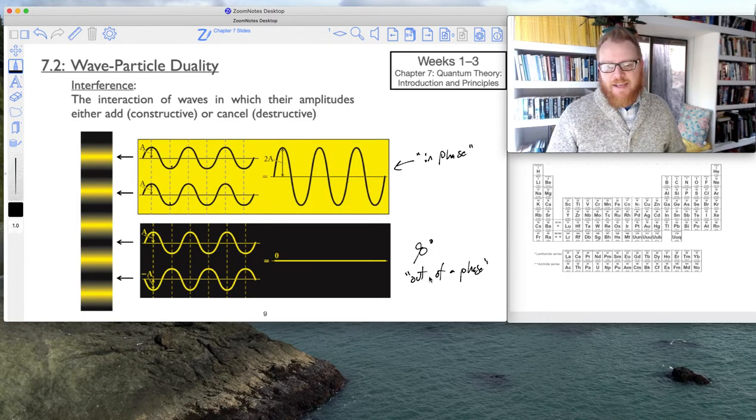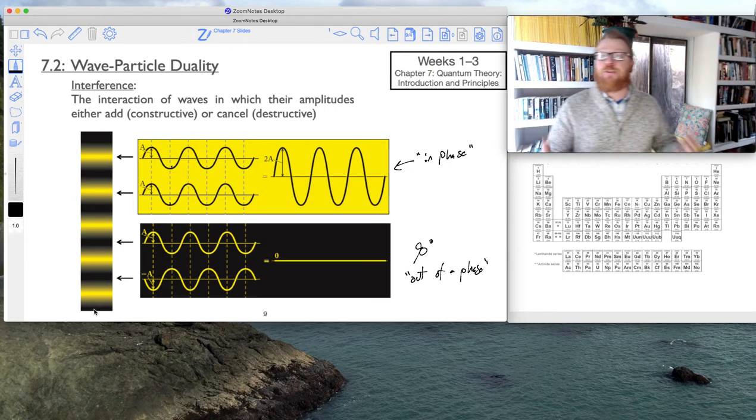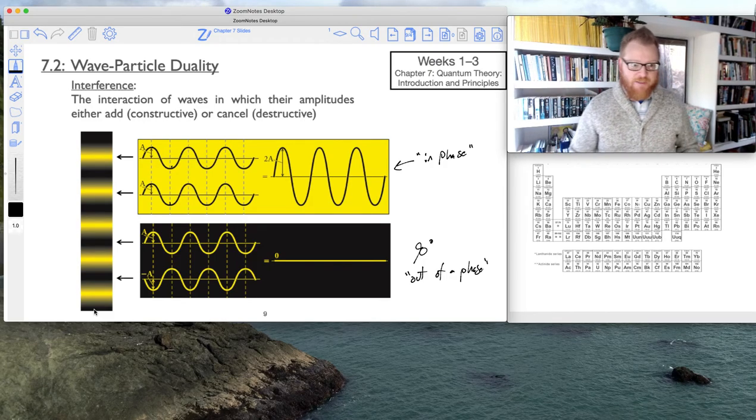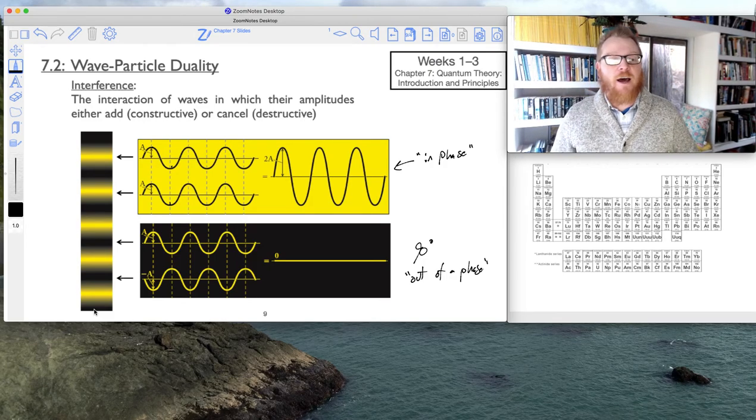And in the case of these two beams of light being perfectly out of phase, we will see no light at all, owing to dark spots. We are going to be talking about interference all semester. It is a very important phenomenon, not only in light, but also with electrons. So this is the start of the basics.